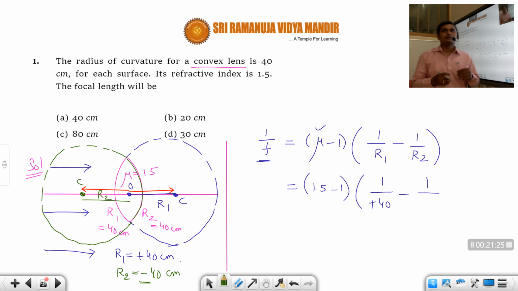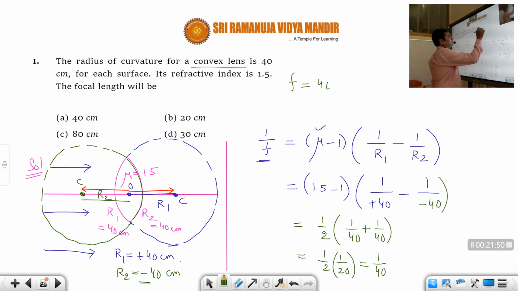So minus of 40, and this is 0.5, that means 1 by 2 into 1 by 40 minus of minus, plus 1 by 40. That is equal to 1 by 2 into 2 by 40, that is 1 by 20... so 1 by f equals 1 by 40, which means the focal length is equal to 40 centimeters.